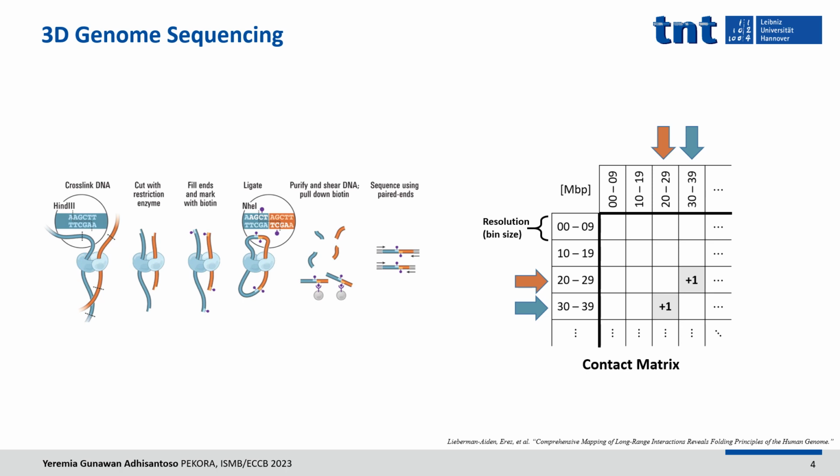So for example, here on the left-hand side, we have a blue and an orange part that belong to different segments. Through the alignment, we find the positions in the reference genome.